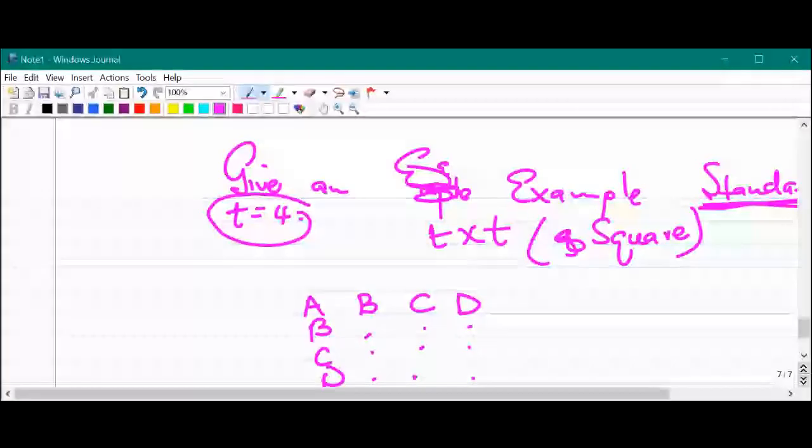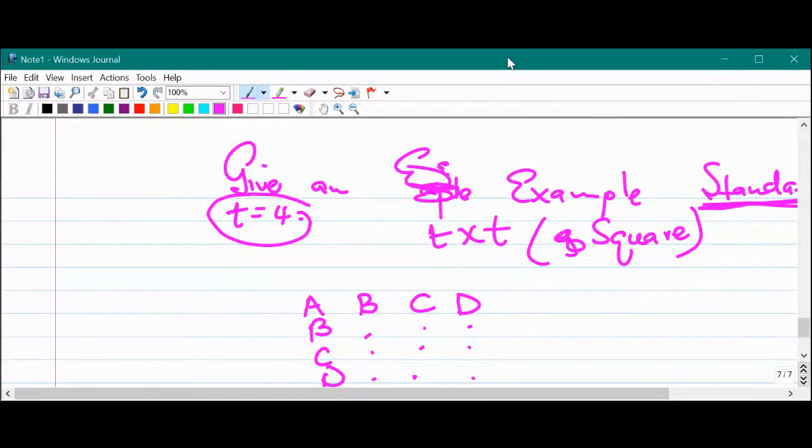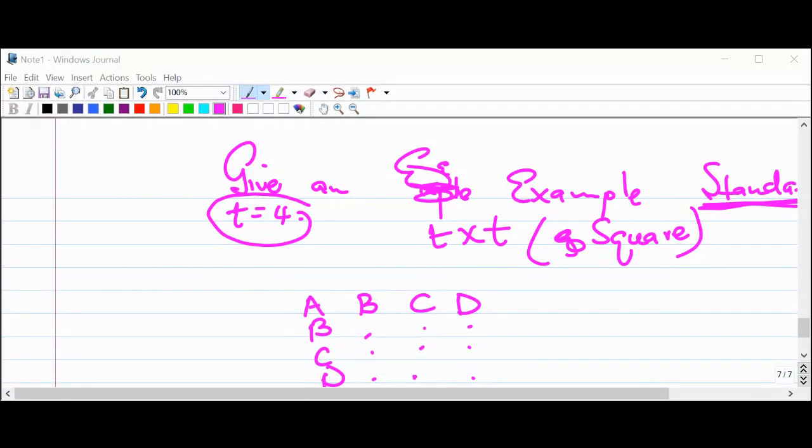So I prepared some notes for you here. Based on my explanation, I want us to do an example. Any questions so far? Feel free, guys.